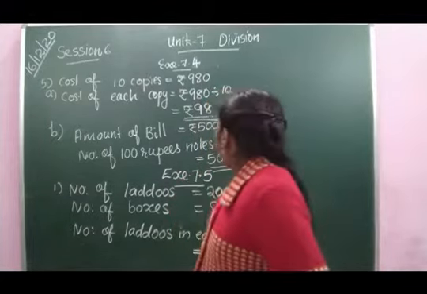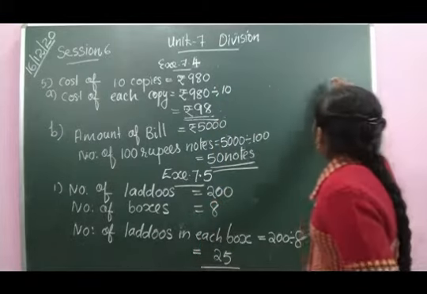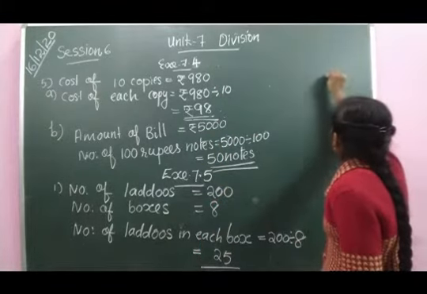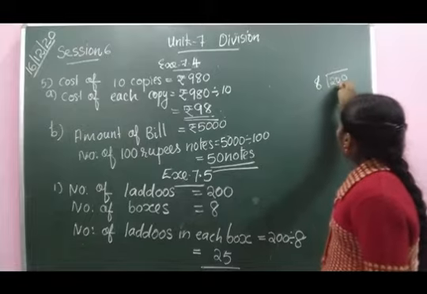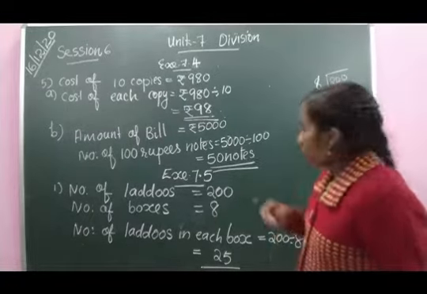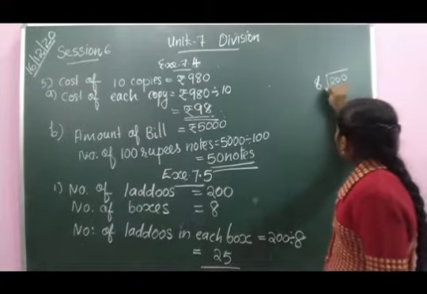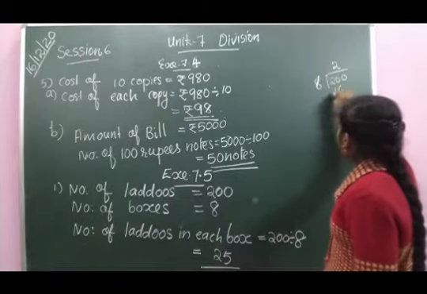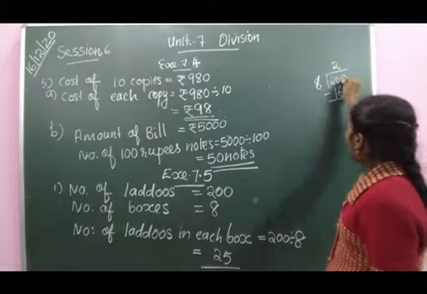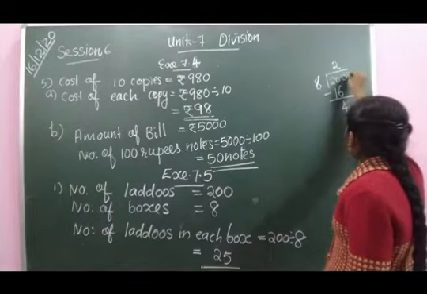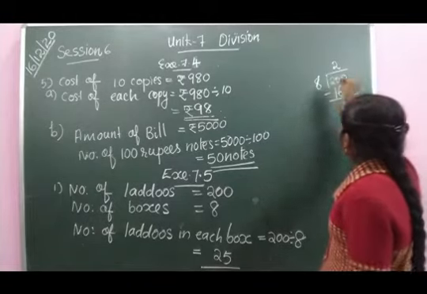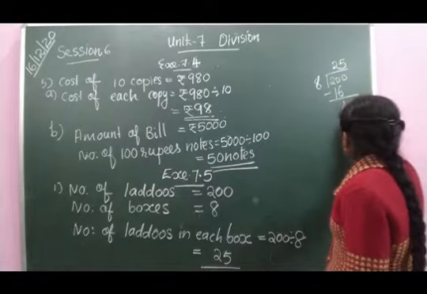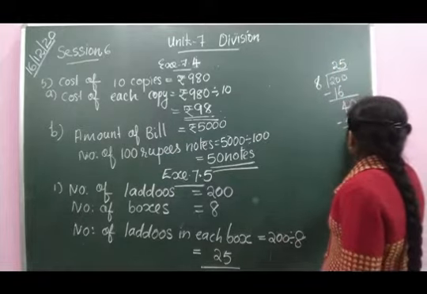Let's see what is 200 divided by 8. First we have to take 20. How many 8s are in 20? 8 2s are 16. The next step, subtraction. 20 minus 16, 4. Here 0 comes down. 8 5s are 40. 40 minus 40, 0.